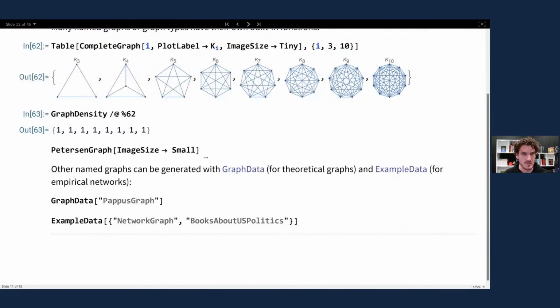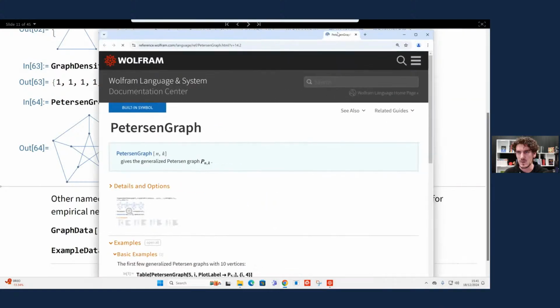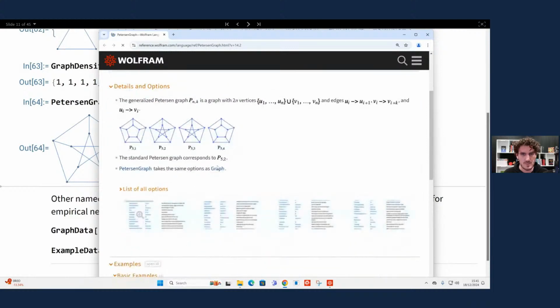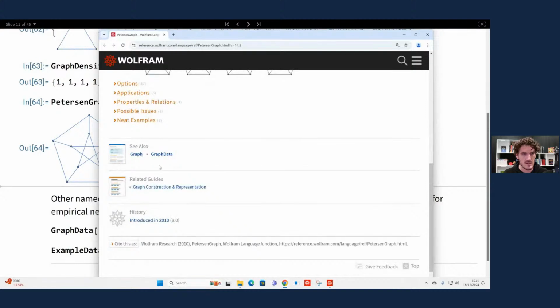We also have named graphs. This is an example of a Petersen graph. This is a built-in function with its own documentation. Those of you who are graph theory experts will probably be well aware of this. It has specialist rules of how to make this graph.